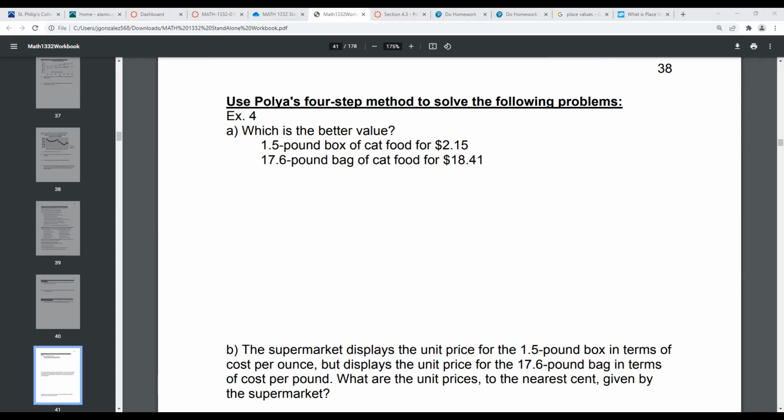That's what the per means, every. And the last one, 18.41 divided by 17.6. So which one's a better deal? 18. Yeah.